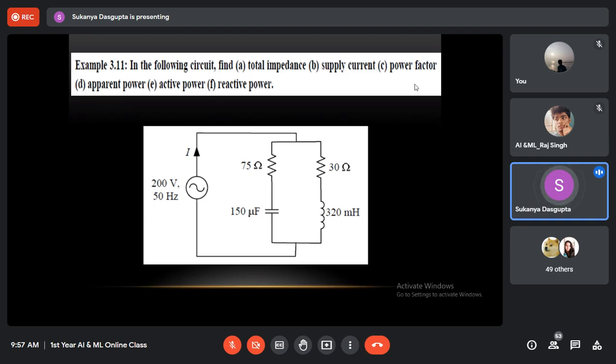Your first branch contains a capacitor of 150 microfarad and the second branch contains an inductor of 320 millihenry.